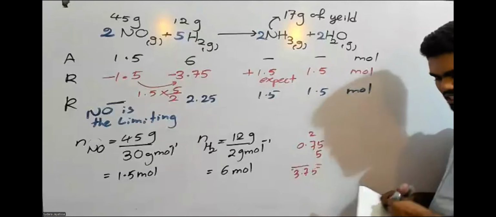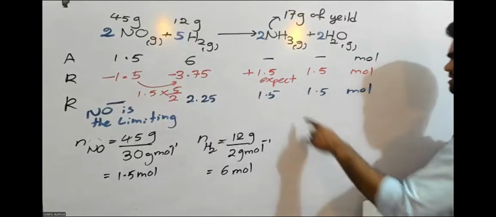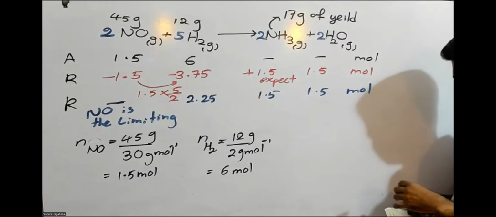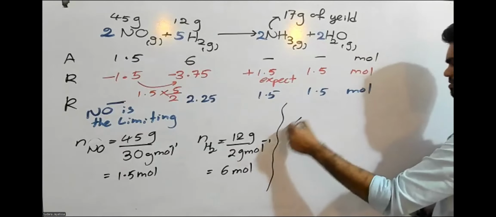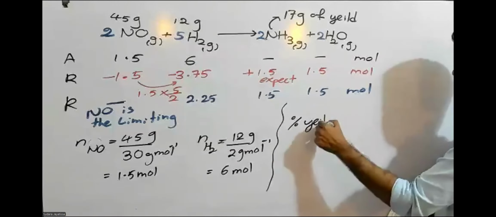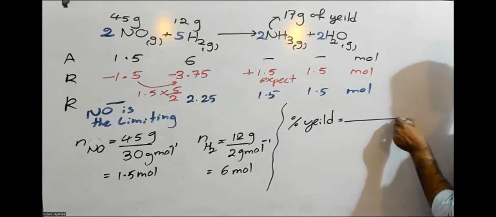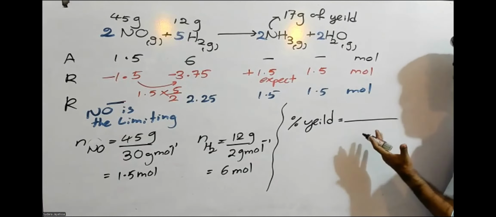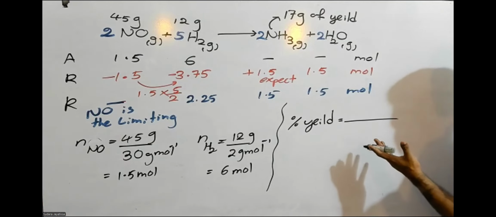And what is this percentage yield? Here I said we are expecting 1.5, no? So percentage yield is something like this. It's something like you are answering a test paper. Okay, so in a test paper, the examiner is expecting 100 marks from you.